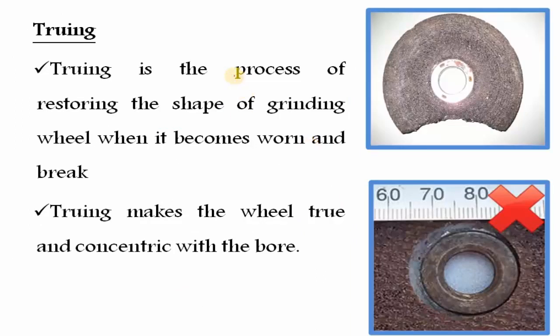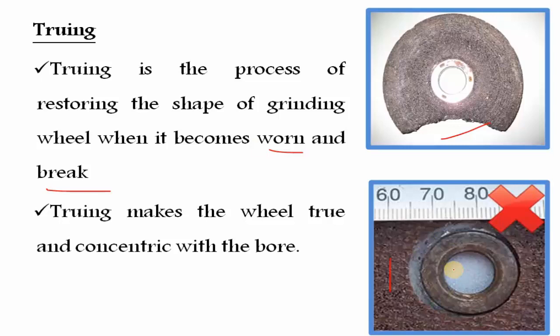Truing. Truing is the process of restoring the shape of the grinding wheel when it becomes worn or broken. In a hand-type grinding wheel, workers use the same place to apply force and remove unwanted material from the object. Sometimes the grinding wheels are broken or damaged, and only one face is continuously damaged.